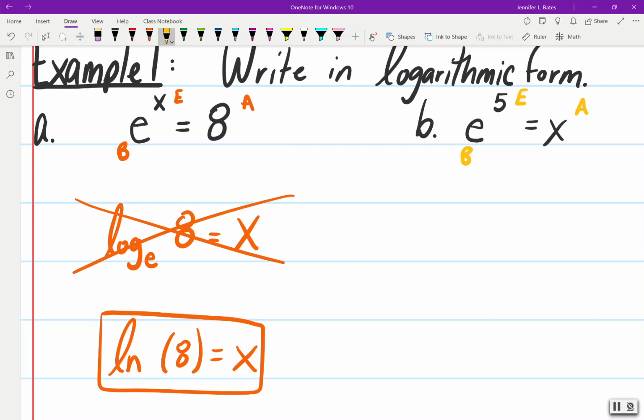And when I switch forms, I'm going to write log base b, but the base is e, so really I'm writing the natural log because it's log base e, and then the a, and then e, because I want to spell out bae, B-A-E. Okay, but log base e is the natural log.